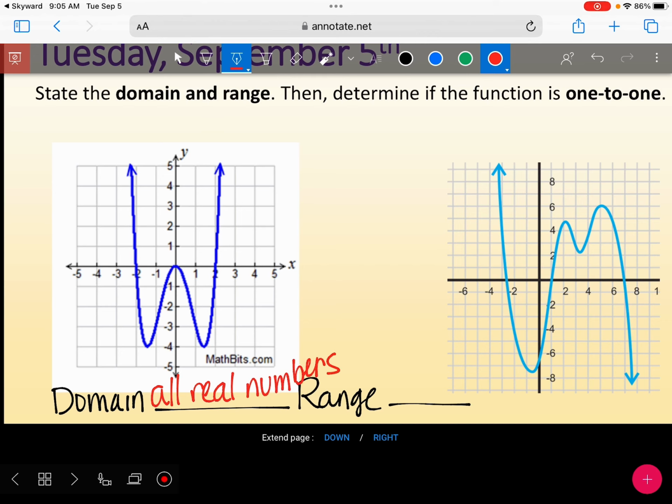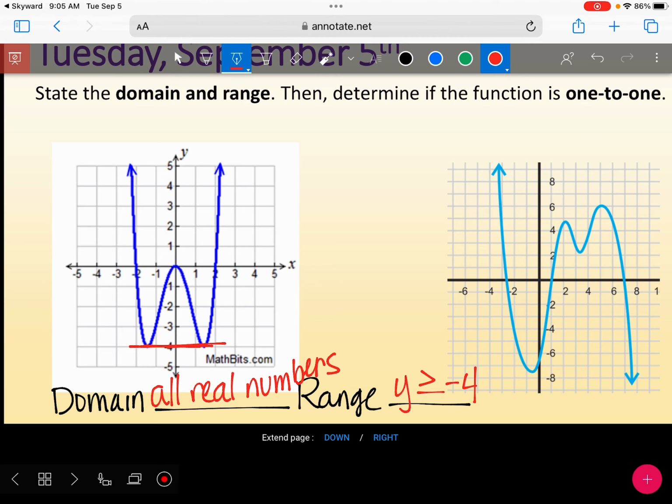Your range for this graph, because you have 2 arrows pointing up, will be y is greater than or equal to your lowest point, which is right here. And what does y equal right there? -4. So that would be your domain and range for that first graph.